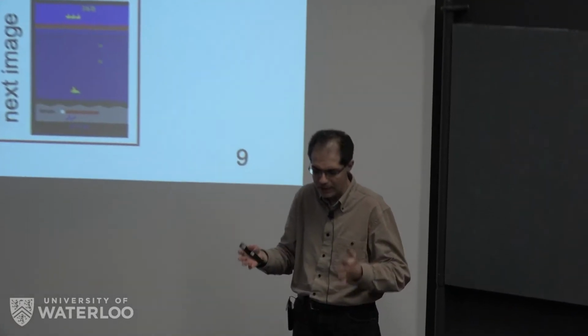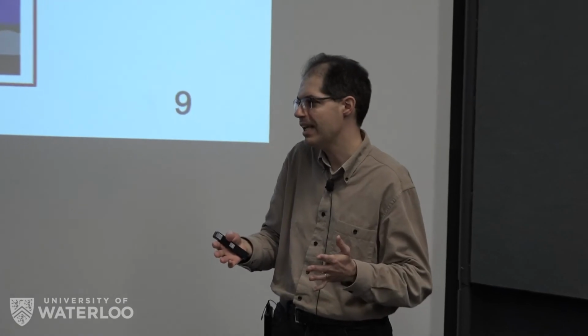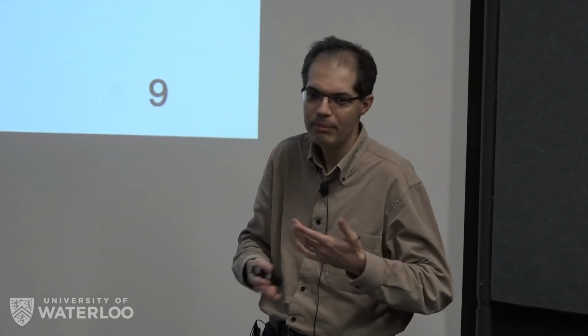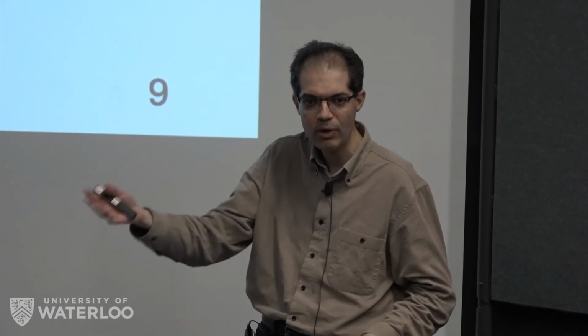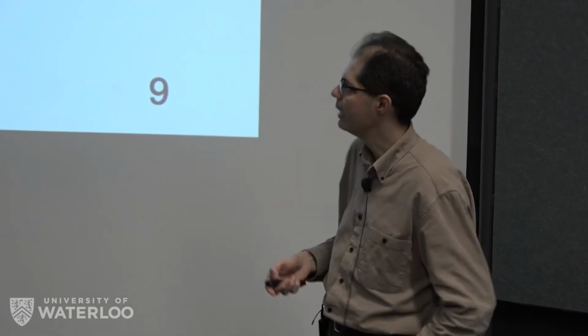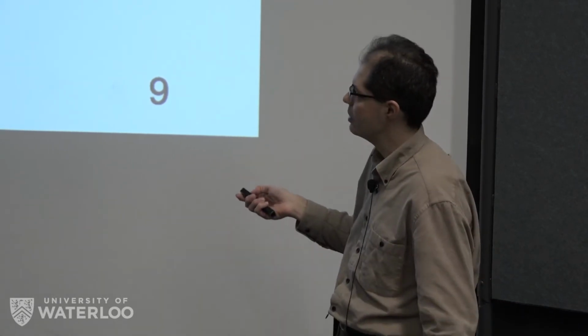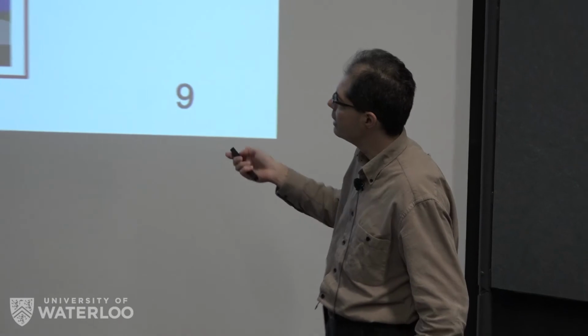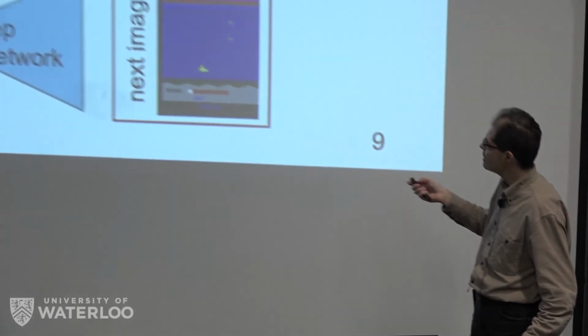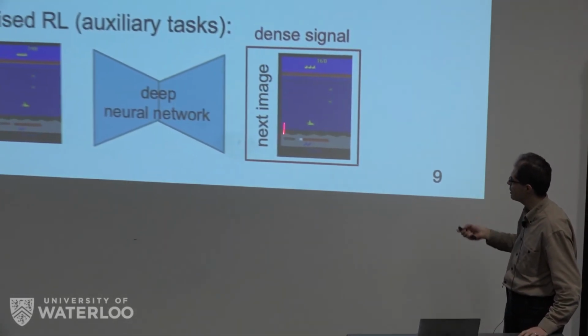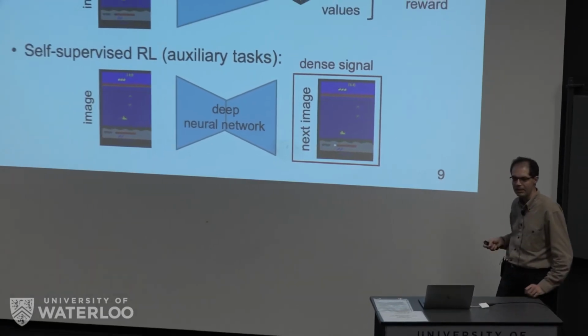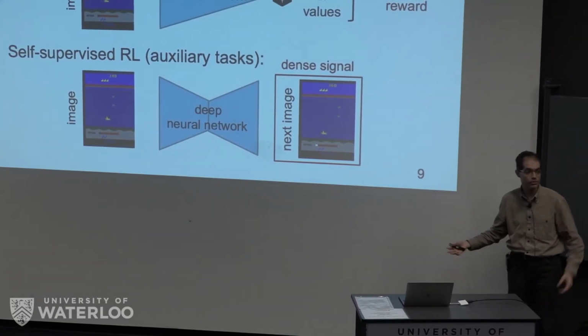If you're going to play a game well, then implicitly you should have some way of anticipating what's going to happen in that game. Right? So then we can define an auxiliary task where now predicting the next image is a dense signal, because how many pixels do we have in an image? On the order of millions of pixels.